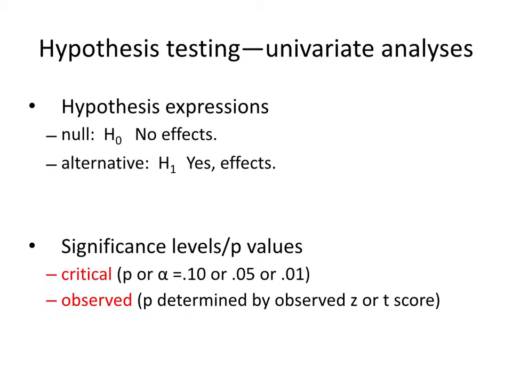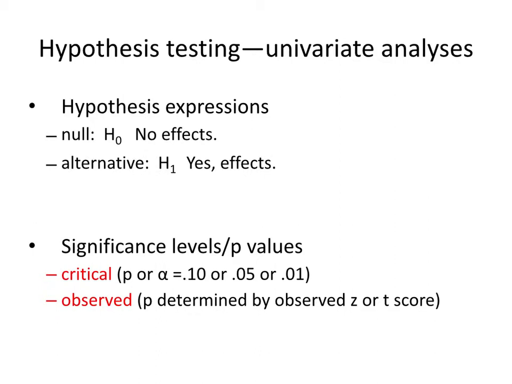So those are synonyms, or a significance level. And this is a decision that's made by the researcher prior to conducting the research. How much confidence does the researcher want to have that the results are capturing a true effect?